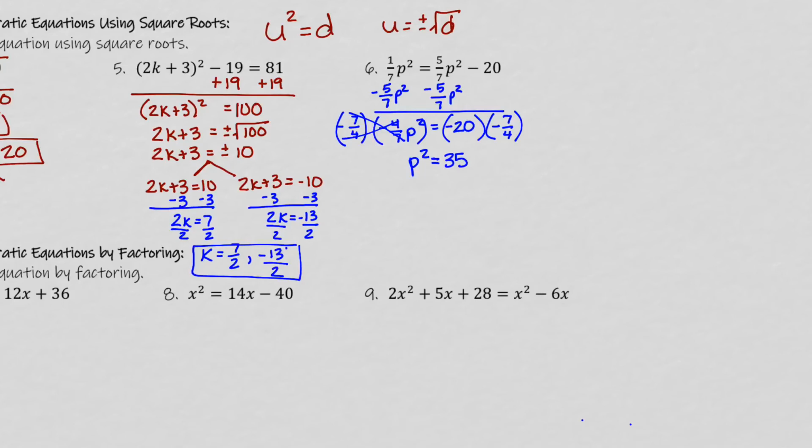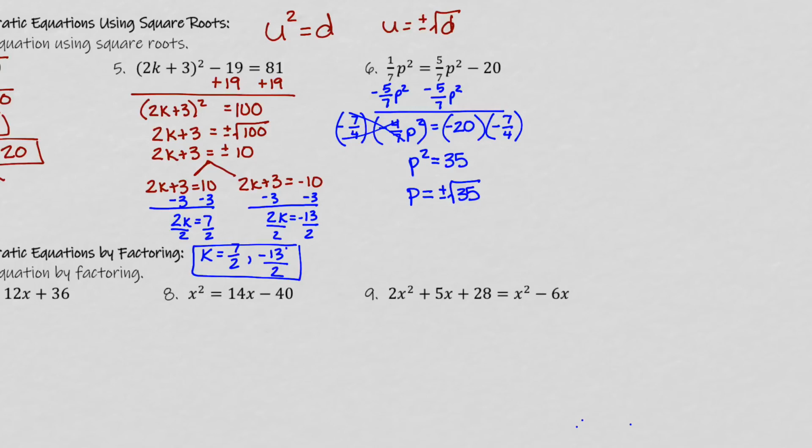But now I can square root both sides. So if I square root the left, the square root of p squared is just p. But since I'm square rooting both sides, this side is the square root of 35. Now, if I could simplify that radical, taking out a perfect square, that's what we worked on in the chapter 3 opener.